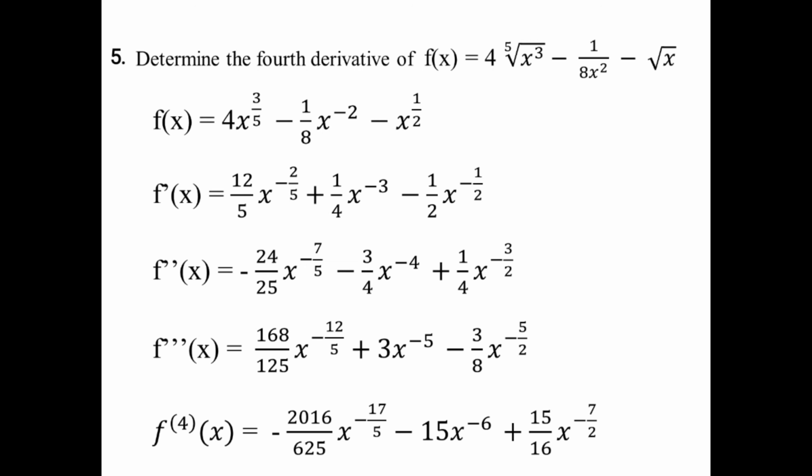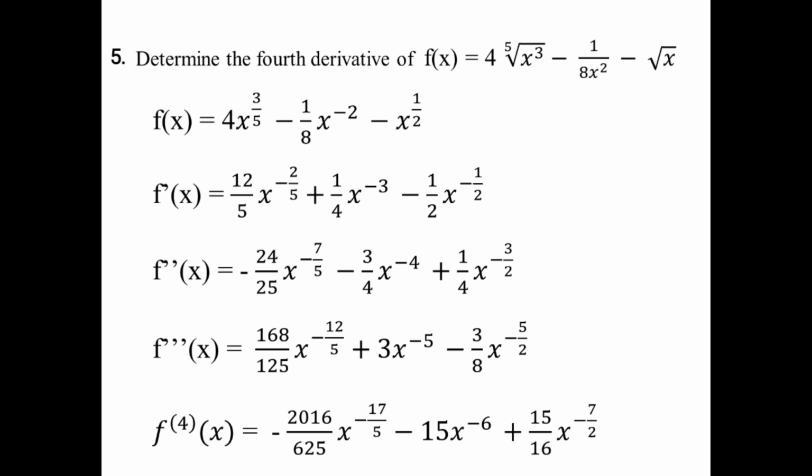Then for our second term, since we have 3x raised to negative 5, multiply the exponent negative 5 to our base 3, we have negative 15. And our exponent negative 5 minus 1 will be equal to negative 6. That's why we have negative 15x raised to negative 6 as our second term.